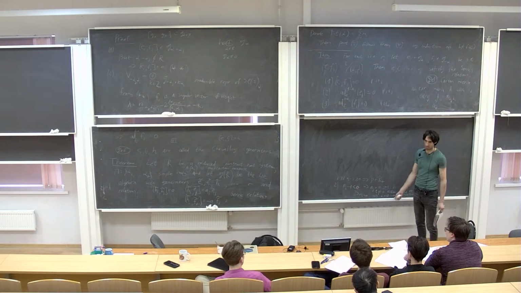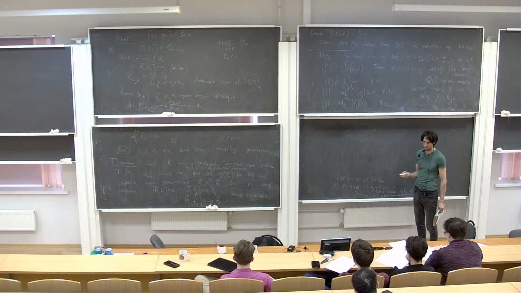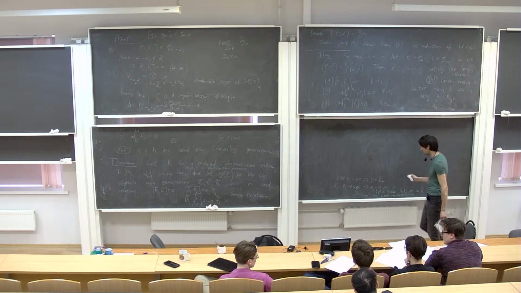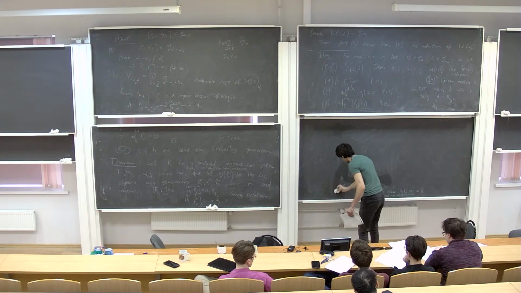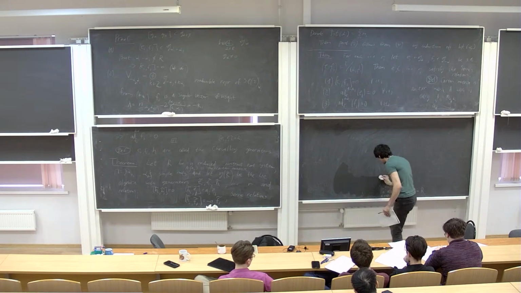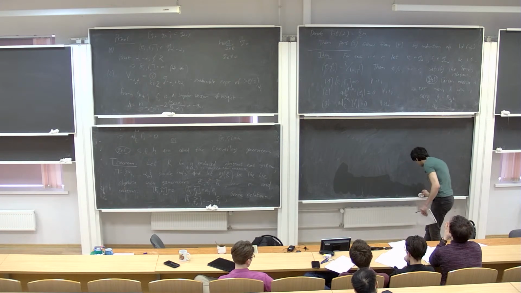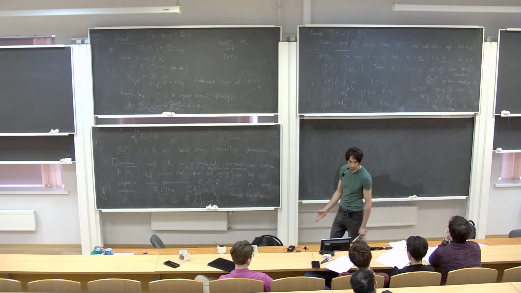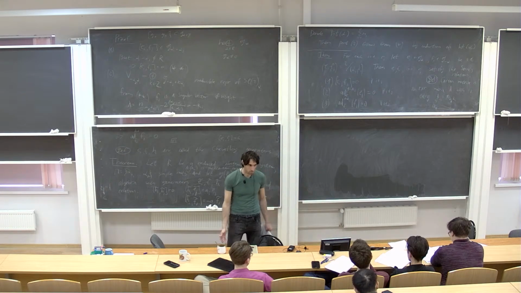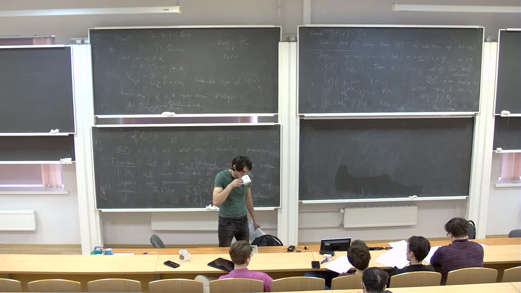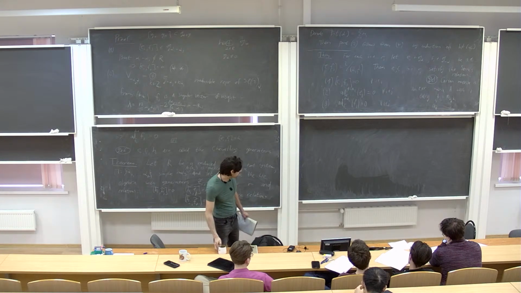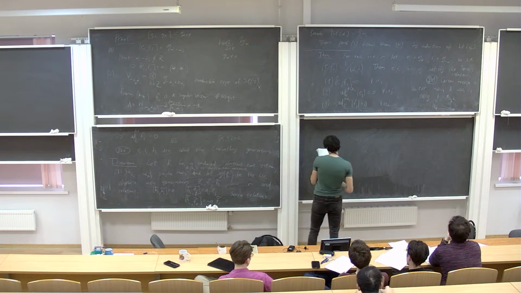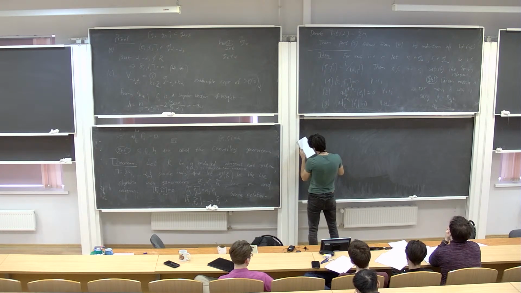Or you can still get Lie algebras by generators and relations. If I already have a Lie algebra, I can quotient it by an ideal and get another Lie algebra.